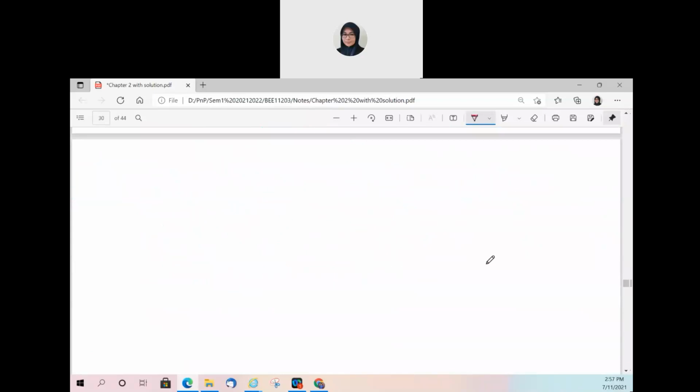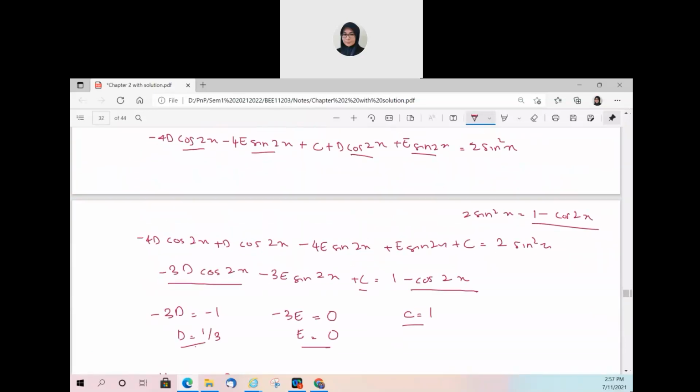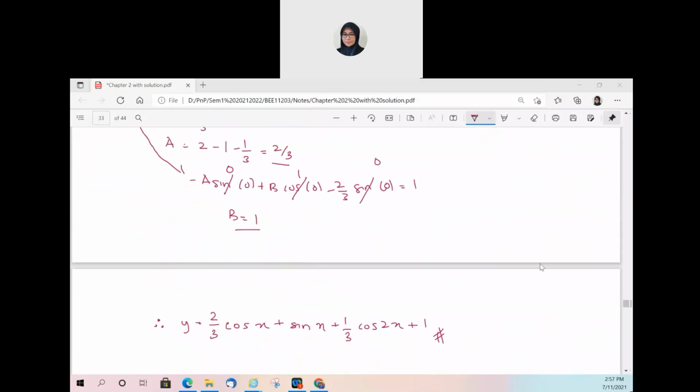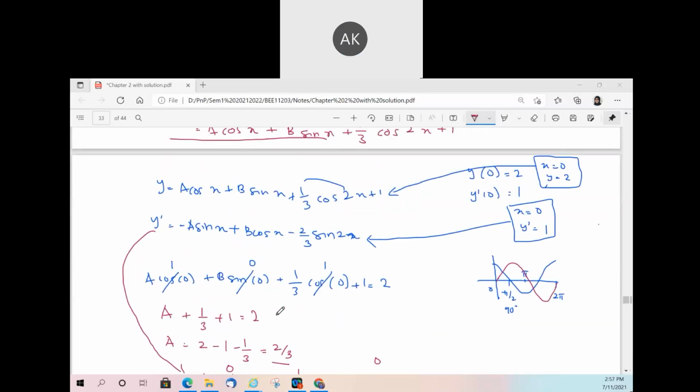Ada soalan lagi? Tak ada, tapi nak tengok jawapan lah sekali. Nak tanya. Okay. Betul? Doktor. Ya. Ada orang nak tanya. Okay. Betul. Yang nilai X dengan Y tu yang kita nak masukkan dekat Y dengan Y prime tu.